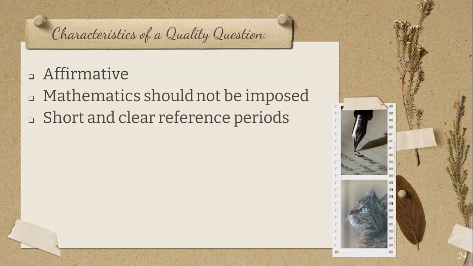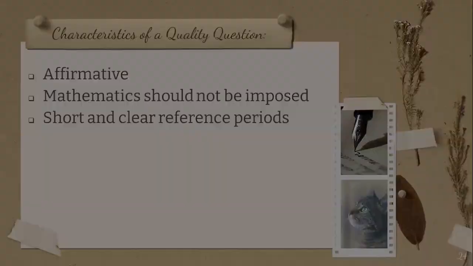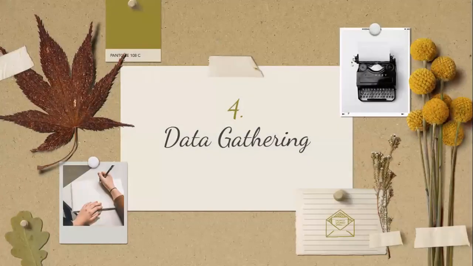And the data collected through your questionnaires can be classified based on the scales and measurement. Classification of data obtained from your questionnaires. Okay, we have nominal scale, ordinal scale, interval scale, and a ratio scale. And the fourth one, we have data gathering.